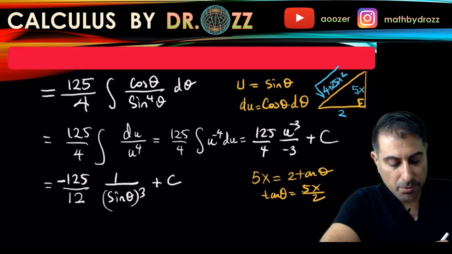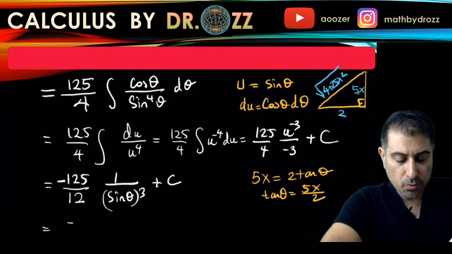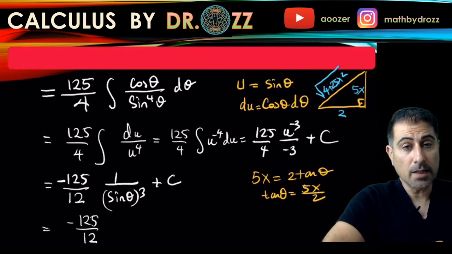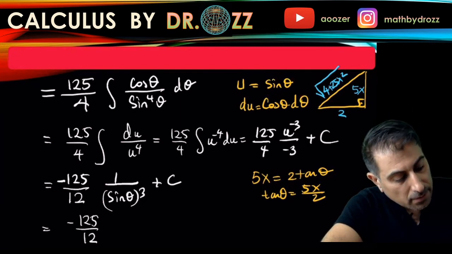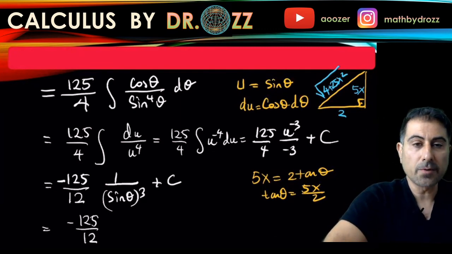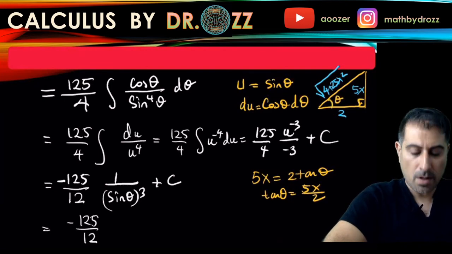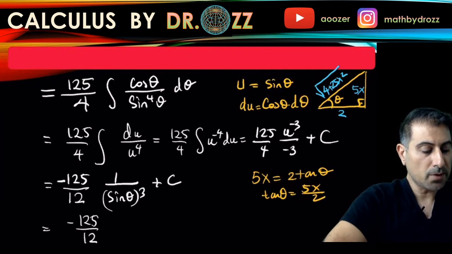So now let's continue here. I have negative 125 divided by 12. I need sine theta, and that's something I have to read from the triangle. In fact, theta is right here, so I forgot to put that down. And sine is 5x over the radical of 4 plus 25x squared.